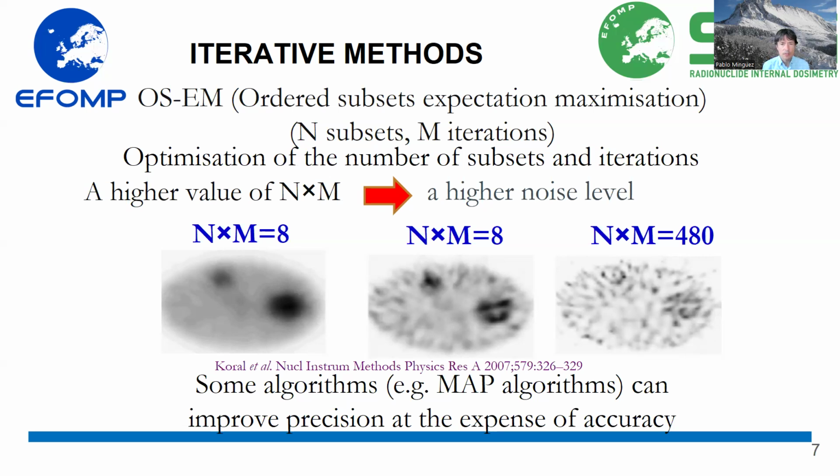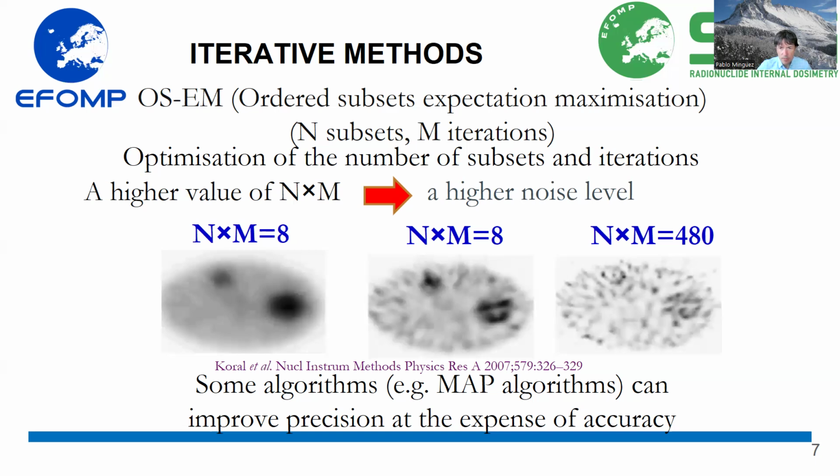So we have to decide the number of subsets and also the number of iterations. These numbers must be optimized because as we increase them, we obtain a better recovery of the activity, but also we increase the noise. And I will give later a tip to optimize these numbers.